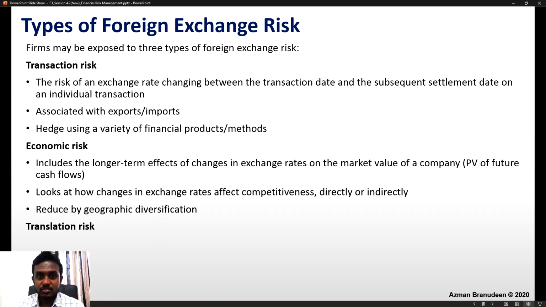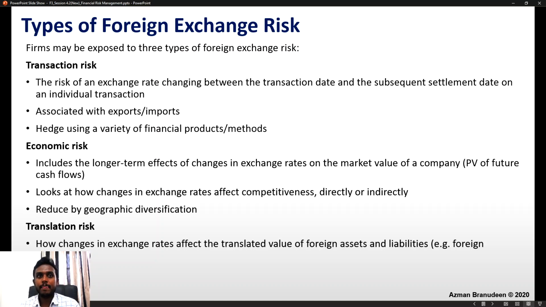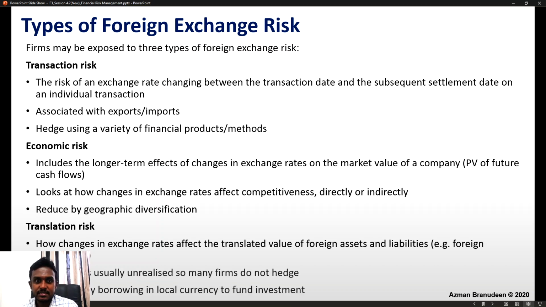The third one is translation risk. How changes in exchange rates affect the translated value of foreign assets and liabilities, especially of foreign subsidiaries, when you translate and prepare your final accounts. So this is more of a book value related risk, something rather more accountancy and translation treatment related than a material risk itself.